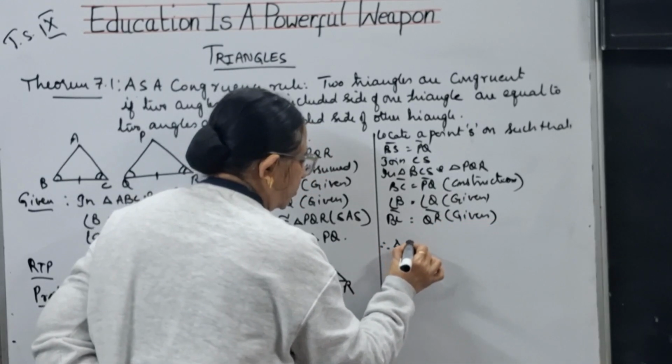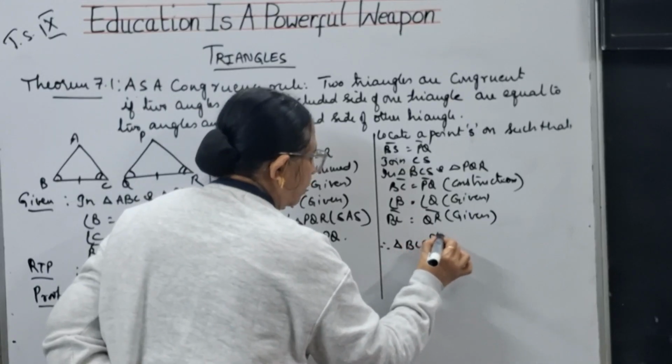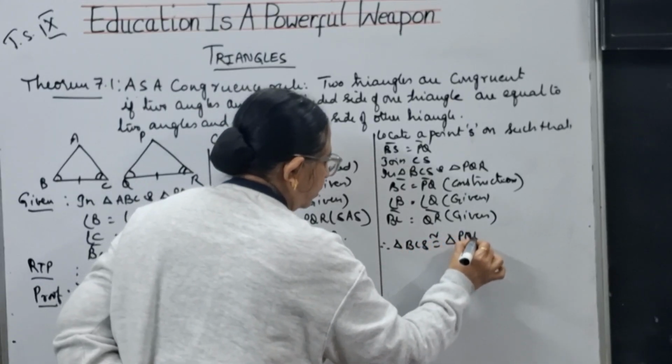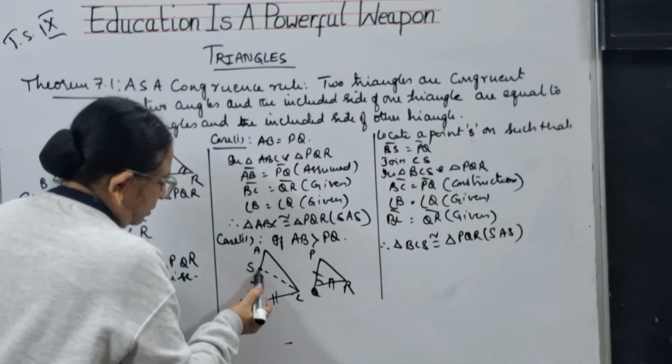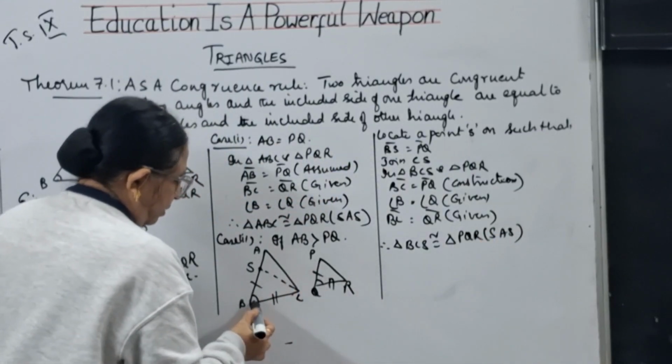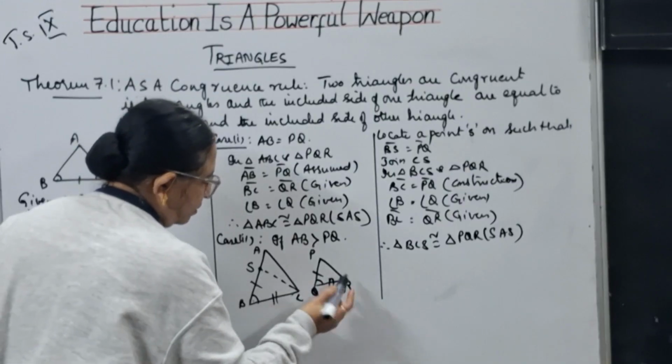Therefore, triangle BCS is congruent to triangle PQR basing on side angle side property. Why? Because this side is equal to this side, this angle is equal to this angle, this side is equal to this side.